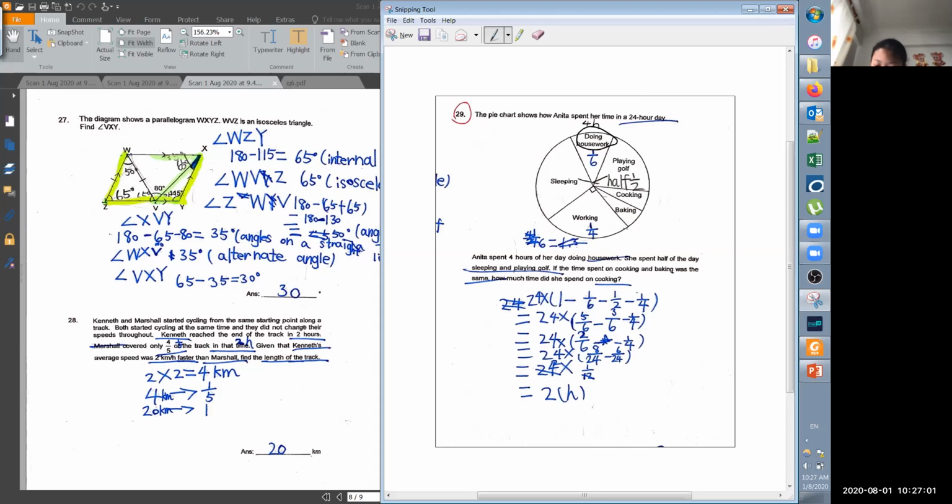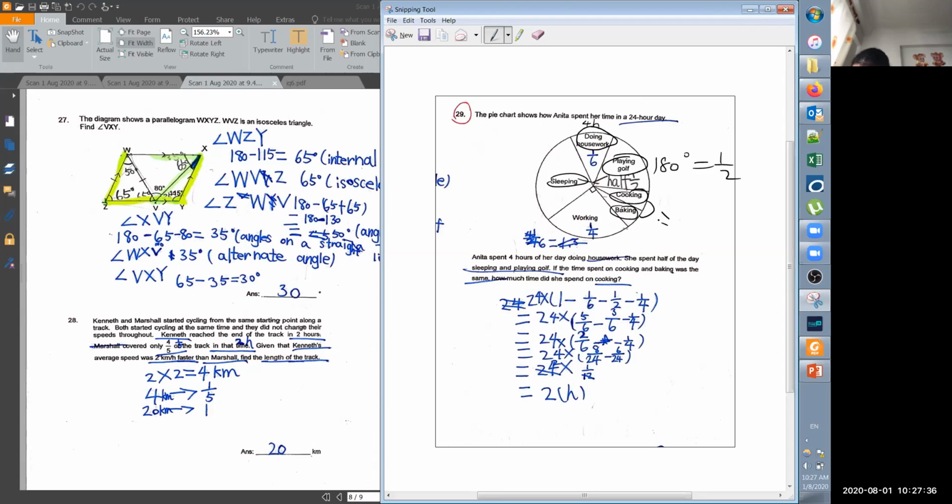She spent half of the day sleeping and playing golf, so these two add up to half, which is 180 degrees. If the time spent on cooking and baking was the same, then this one is the same as this. And now, working is 1/4, which is 90 degrees.